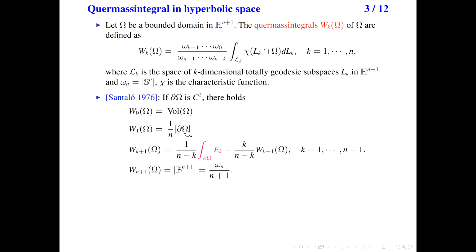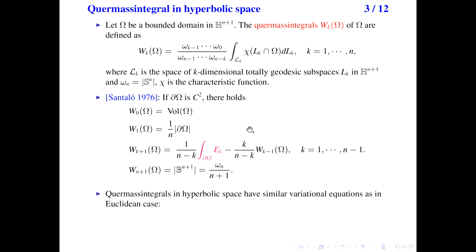And for higher order Quermassintegrals Wk plus 1, we can relate it to the integration of the k-th mean curvature Ek over the boundary, minus Wk minus 1. In the following, we always apply the curvature flow method, so we assume that the domain has a smooth boundary, and then the Quermassintegrals Wk can be related to the curvature integral by these equations.